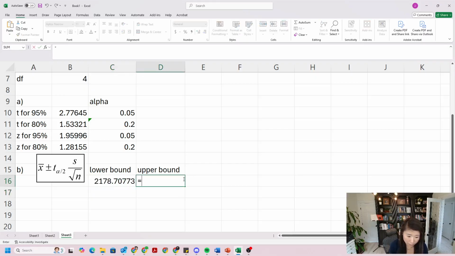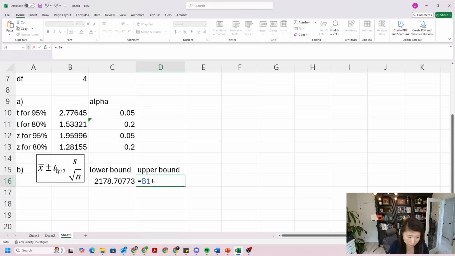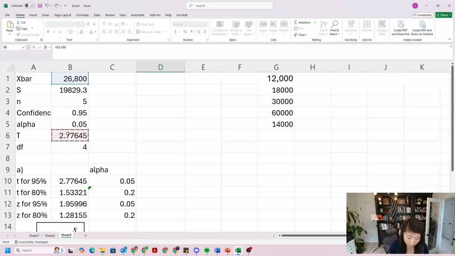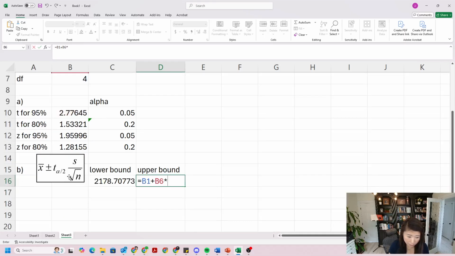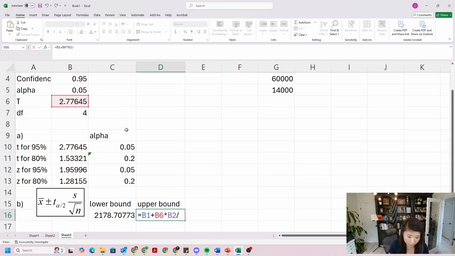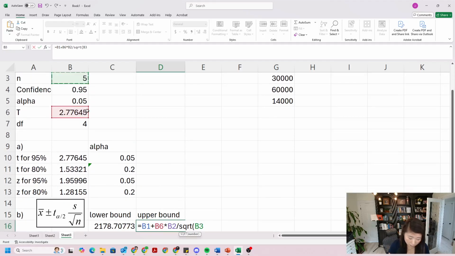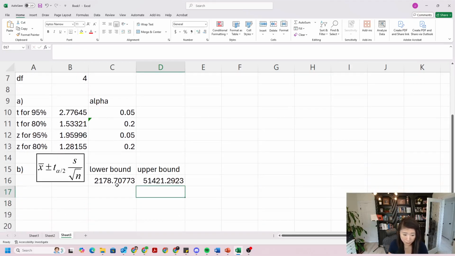Now we are calculating the upper bound. So equals x bar plus t statistics times the standard deviation divided by the square root, parentheses, sample size, close the parentheses, and then push enter. So now I'm able to get my lower and upper bound for this case.